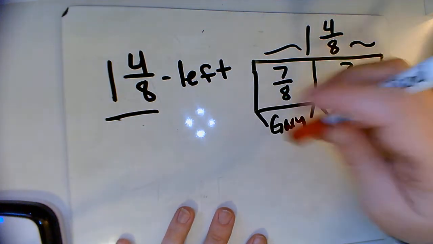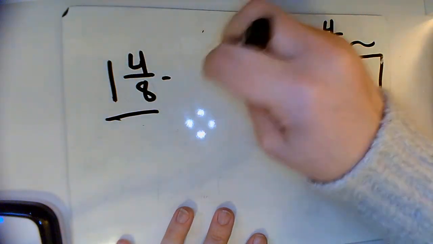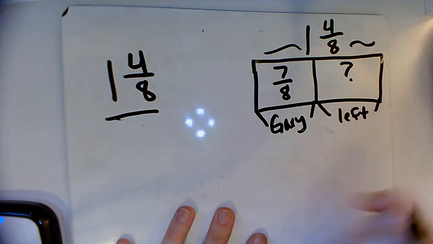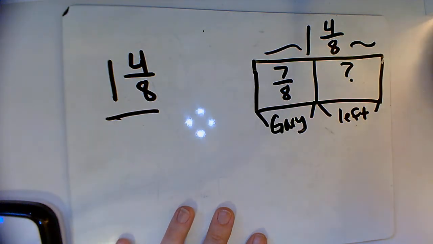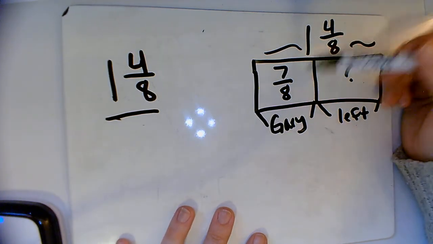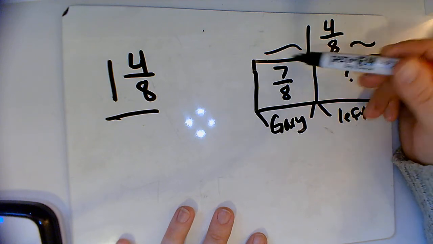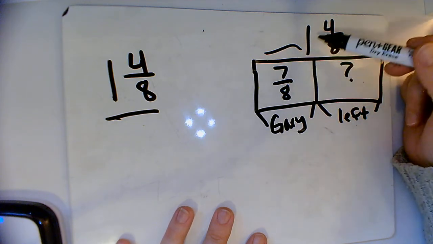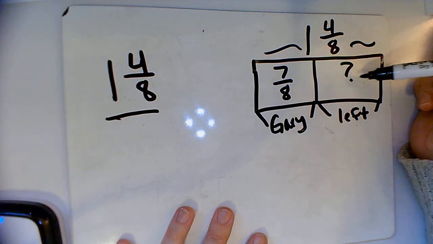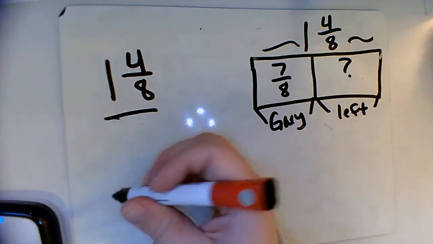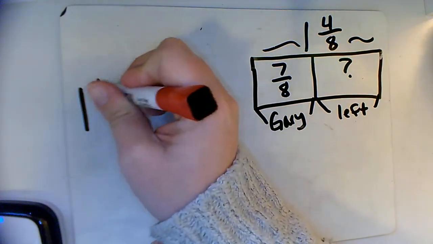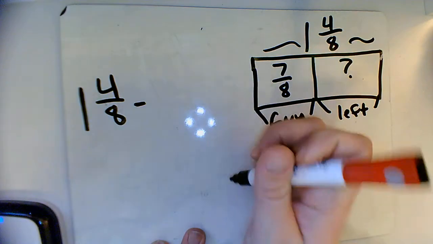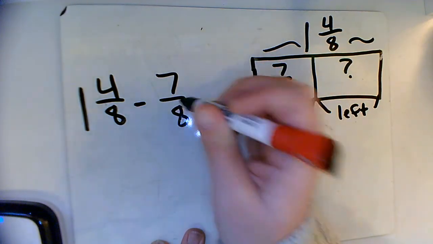So just like last time, that's kind of deceiving when it says left. Just like last time, if we have this missing piece, we need to subtract. Subtract our total from what part of the whole we do know, and then that'll give us our missing piece. So we're going to take 1 4/8 minus 7/8.